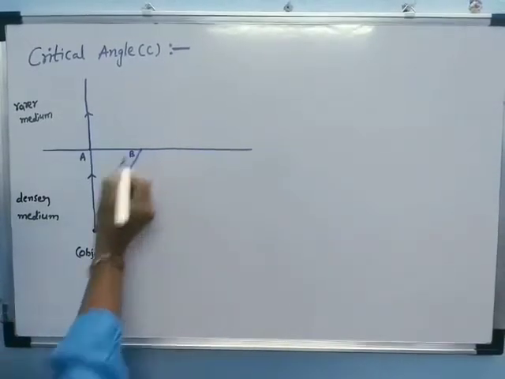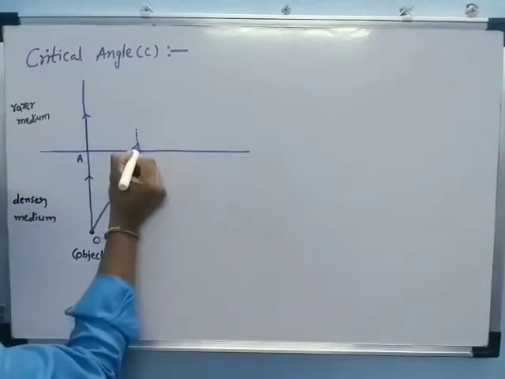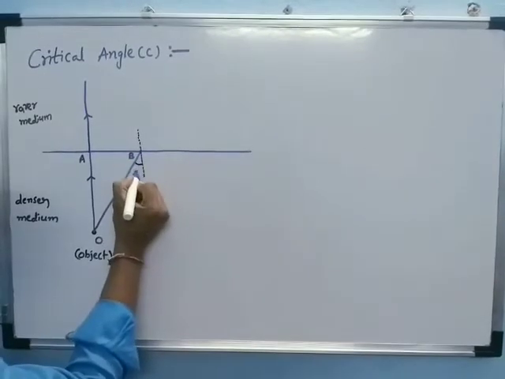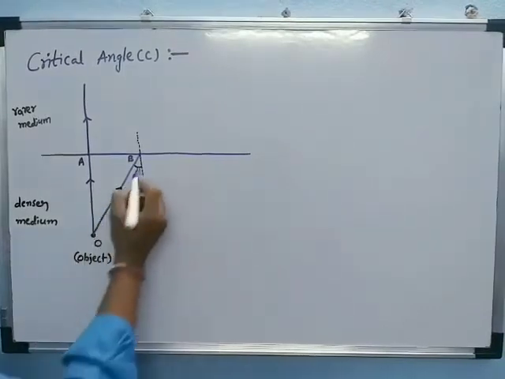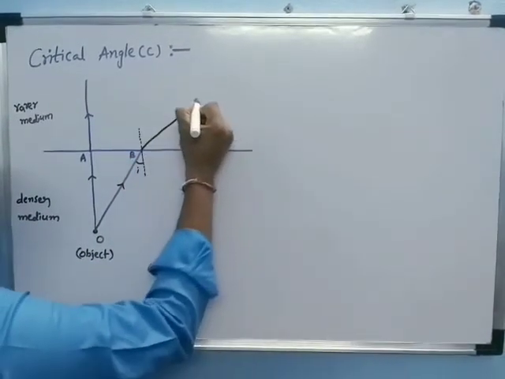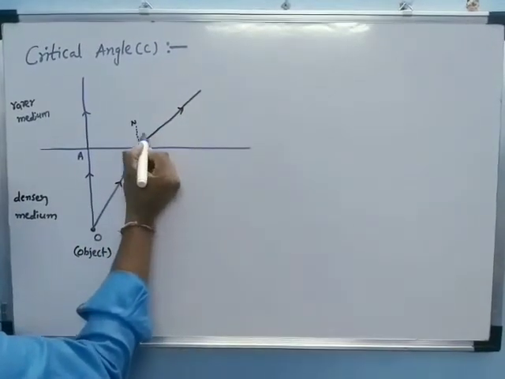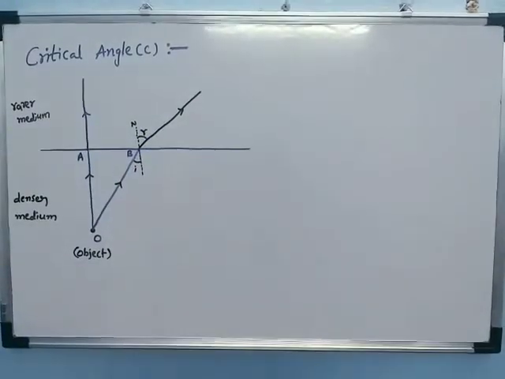Here is the normal. This angle is called the angle of incidence. That light is refracted and travels in this direction. The angle between the normal and the refracted ray is called the angle of refraction.